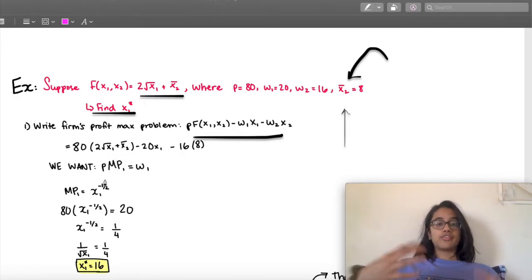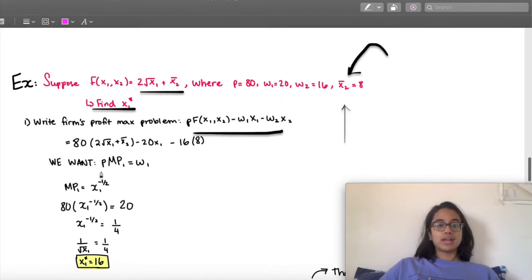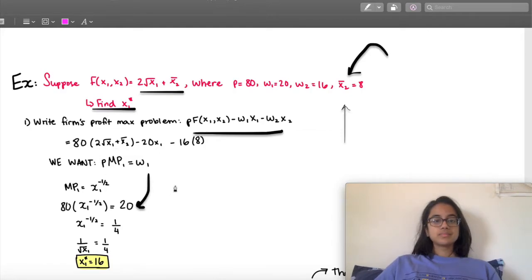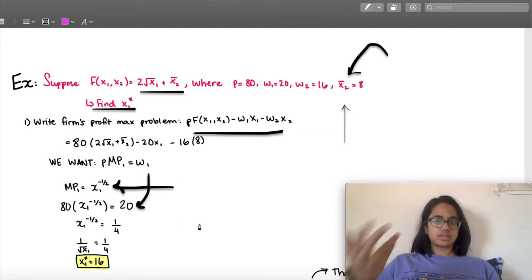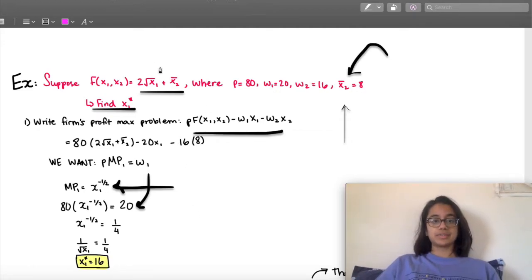Now, in order to find the profit maximization, we take the derivative. But thankfully, in my previous video, we've already done that, and this is going to be our equation to solve. So just plug that in. You might be asking, where did that x1 to the power of -1/2 come from? Remember, when we take the derivative, we have to derive our production function too.